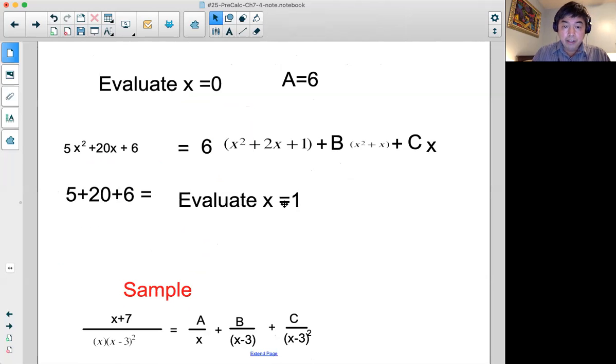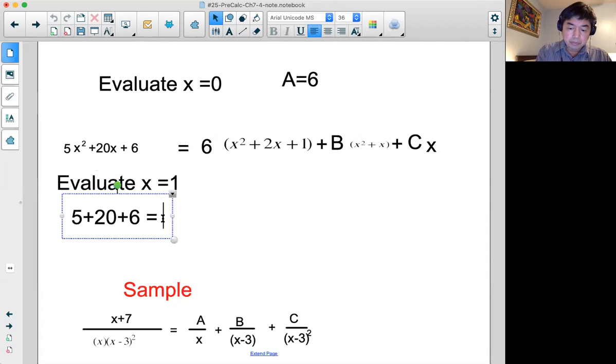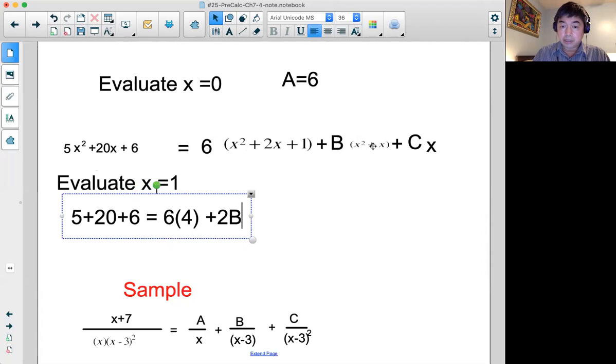A, we evaluate, and we solve for a equals 6, so we just keep the 6 here. 6 times, inside of parentheses, 1 squared is 1, 2 times 1 is 2, 1 plus 2 plus 1, which is 4. B times 1 squared is 1, plus 1 is 2, so 2b, I just write them 2b, plus c.